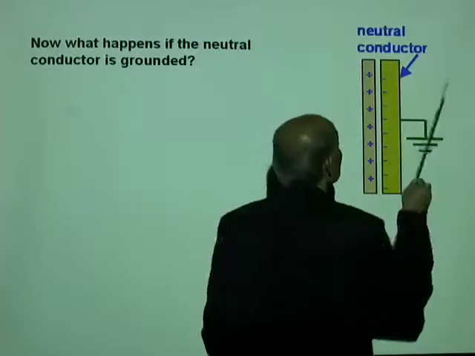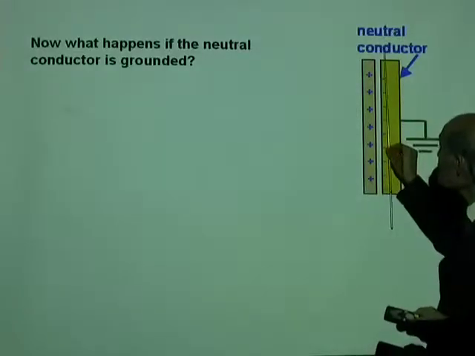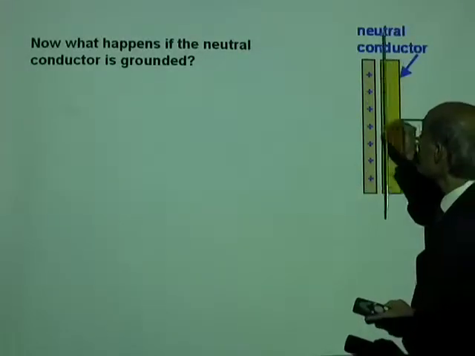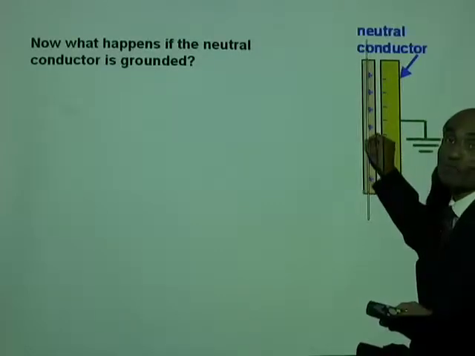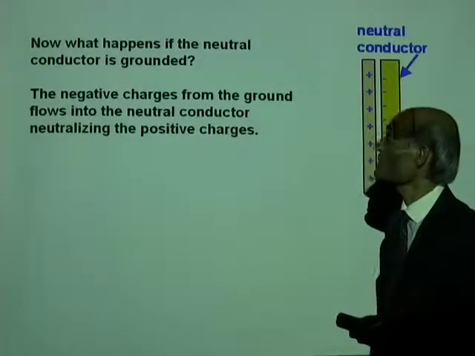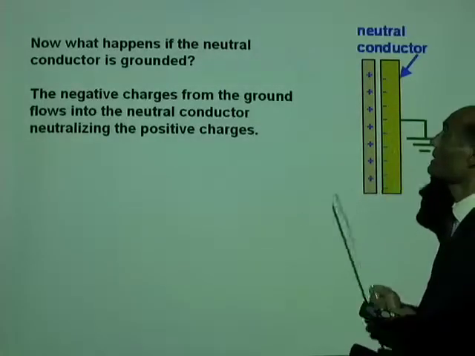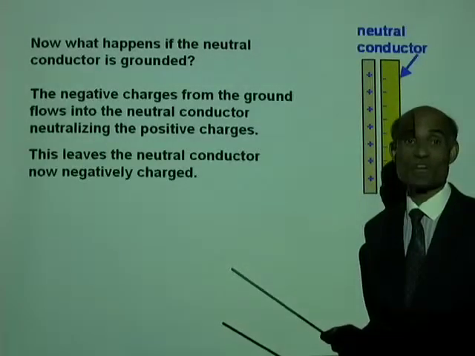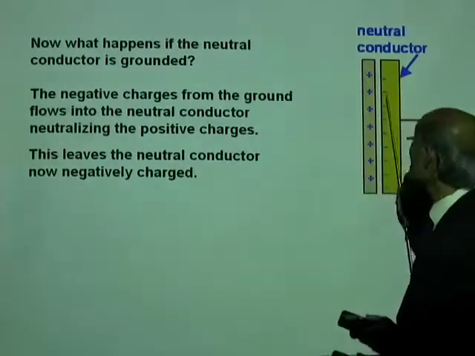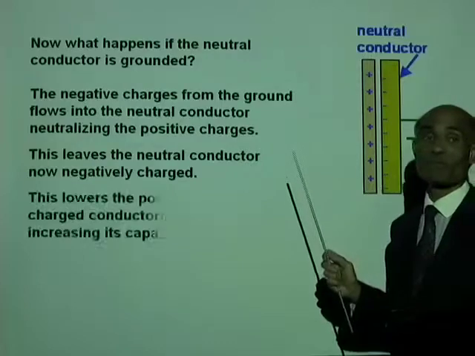That means the negative potential due to these charges now has a bigger influence on the positive potential of this conductor. The negative charges from the ground flow in to neutralize the positive charges. This leaves the neutral conductor now negatively charged.